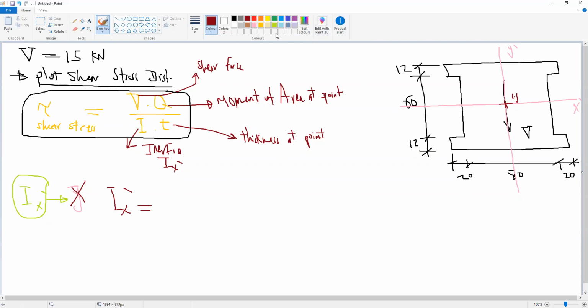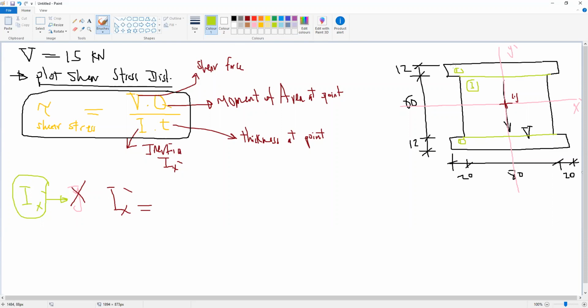To calculate I x dash, last week we subdivided the section into regular shapes. So number one is this one, rectangular. Number two is similar, rectangular here. And number three is rectangular here.